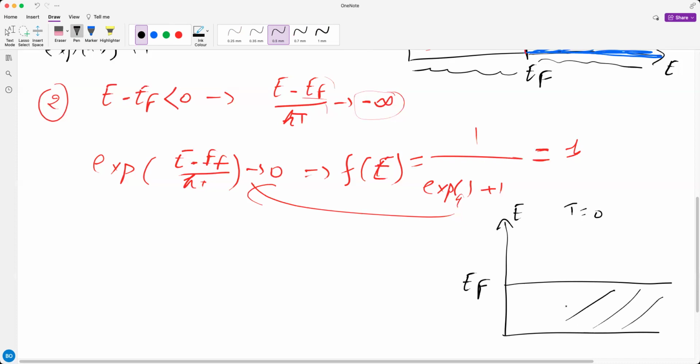Below the Fermi energy it is full. And above the Fermi energy, this is empty. And of course, this is outside of the metal. Is this clear to everyone? Okay. Any question?